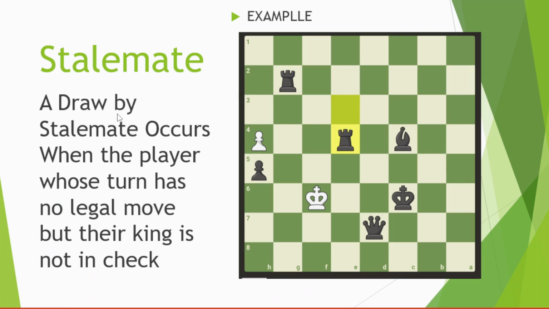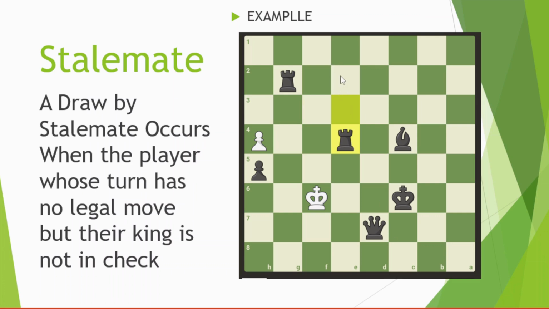A draw by stalemate occurs when the player whose turn it is has no legal moves, so they can't move anywhere, but their king is not in check. So it's not checkmate, so then it will be a stalemate. Example, look at this position.